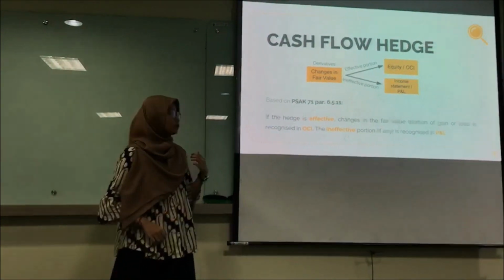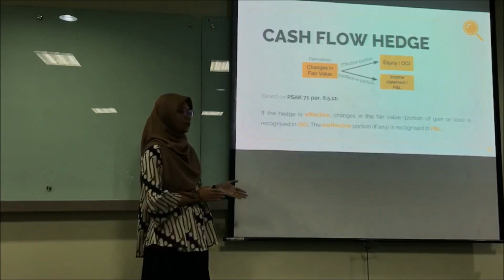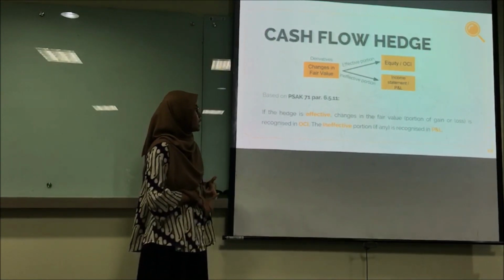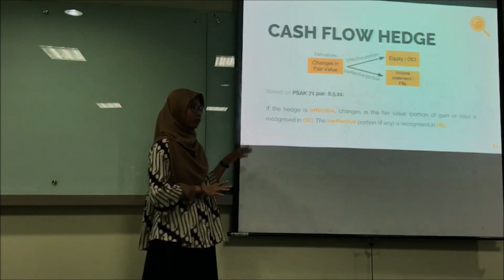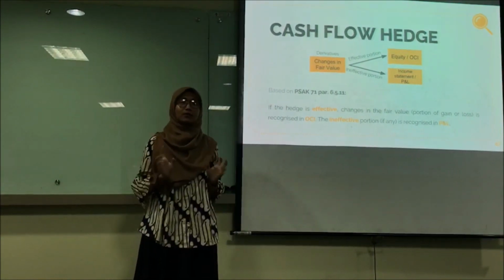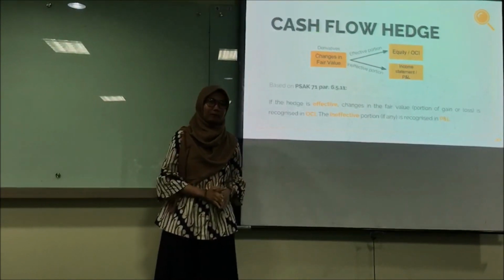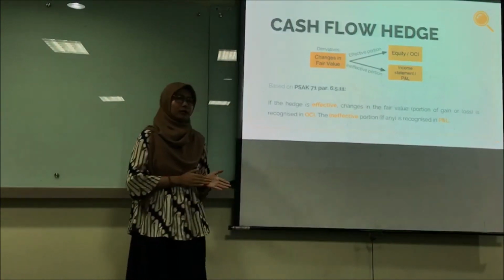Next, the accounting treatment for cash flow hedge based on PSAK 71, paragraph 6.5.11. If the hedge is effective, changes in the fair value portion of gain or loss is recognized in OCI, or other comprehensive income, while the ineffective portion, if any, is recognized in profit and loss.